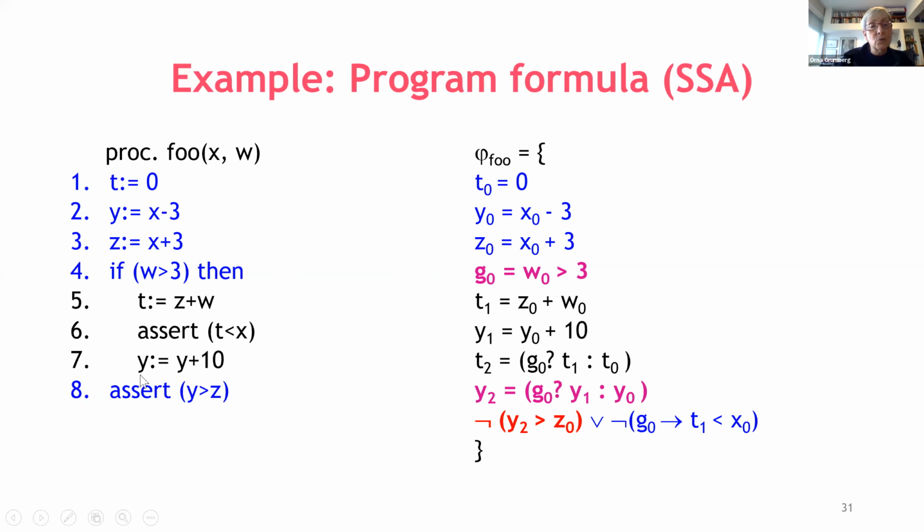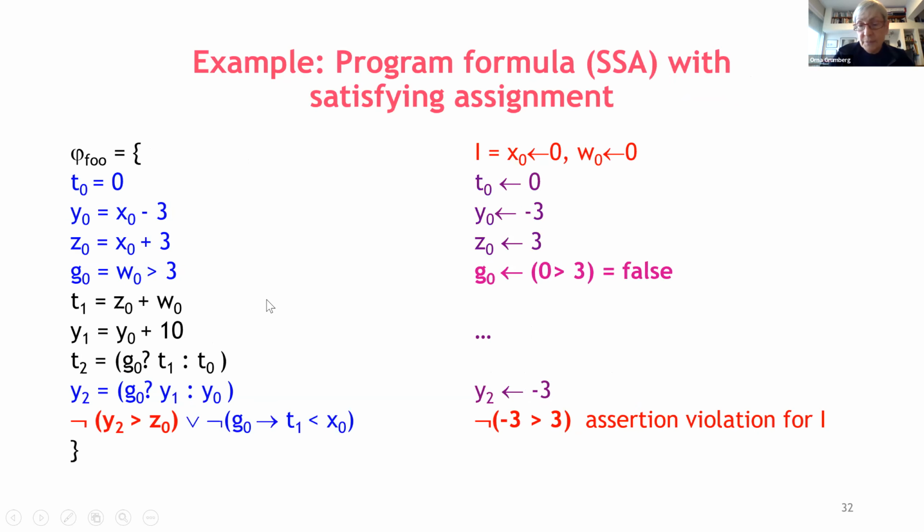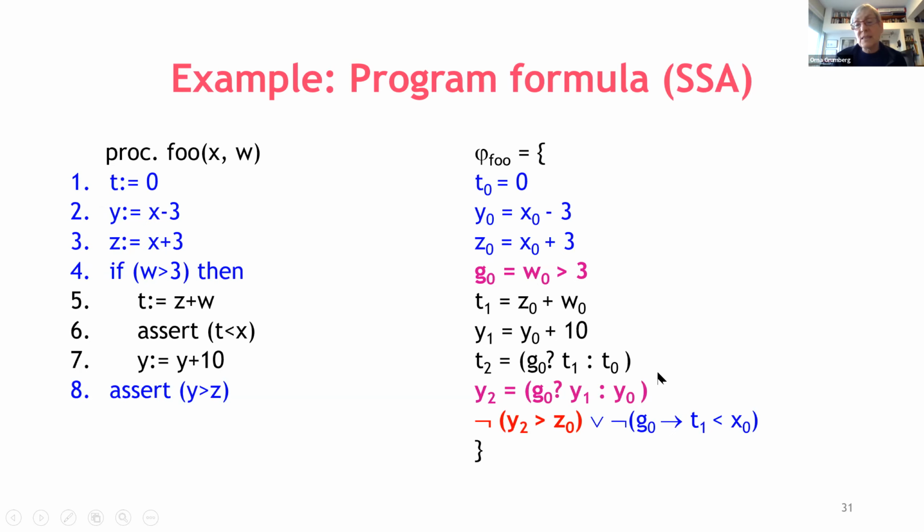And now if we want to know the value of T, let's say, after the if, then we actually have an if-then-else expression saying that if G0 was true, then the value of T2 is T1, that it got here, and otherwise its value is T0.